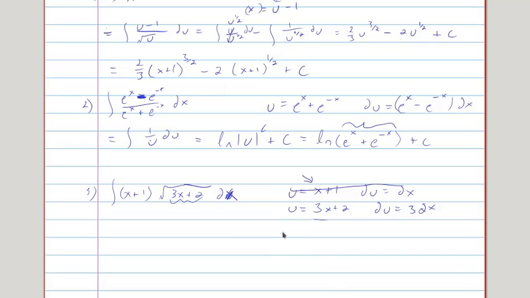Well, I could, for example, add 1 to both sides. And then I could divide by 3 on both sides. So that is 1/3 u plus 1 equals x plus 1. So now I have something to substitute for that guy, the x plus 1.